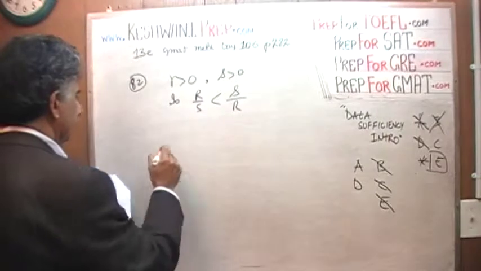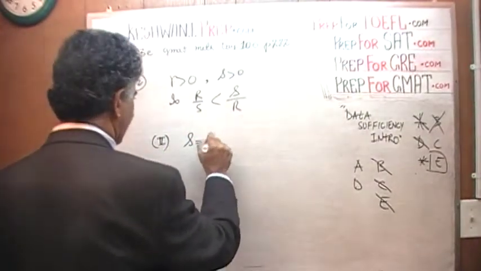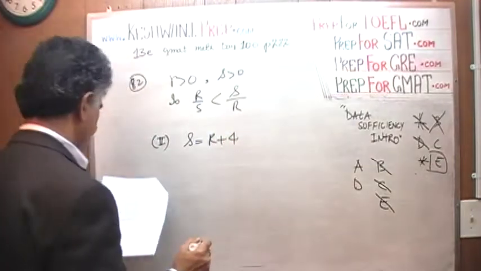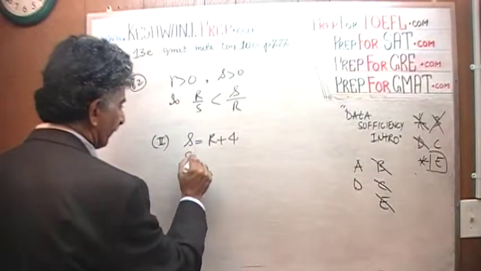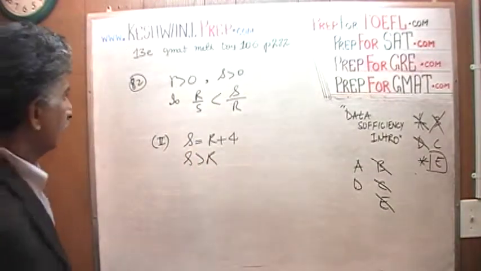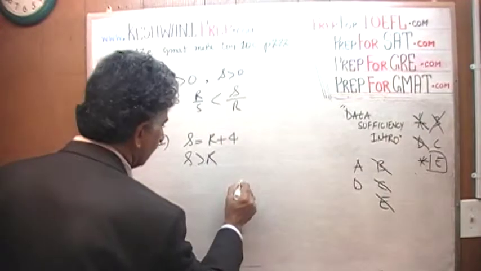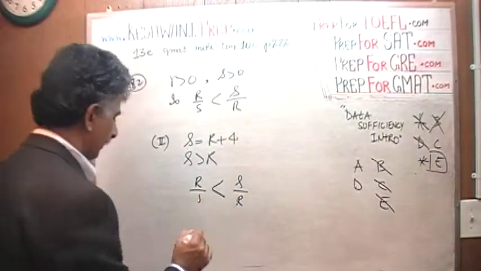In the second statement, they tell us that S equals R plus 4. Well, if S equals R plus 4, then obviously S is greater than R, and therefore S over R is going to be greater than R over S. I don't know how else to explain it.